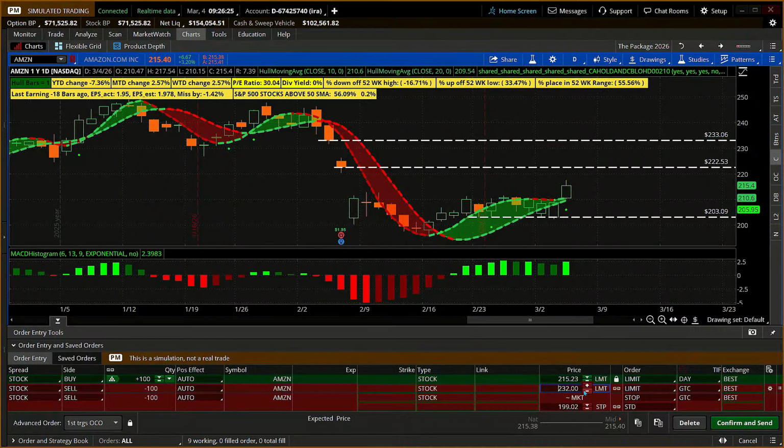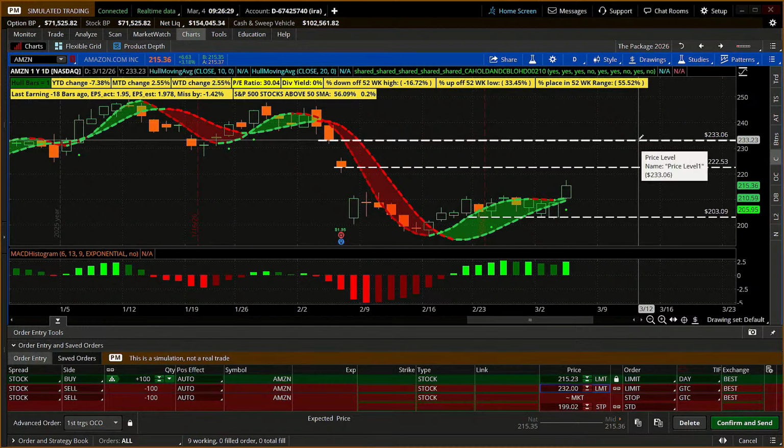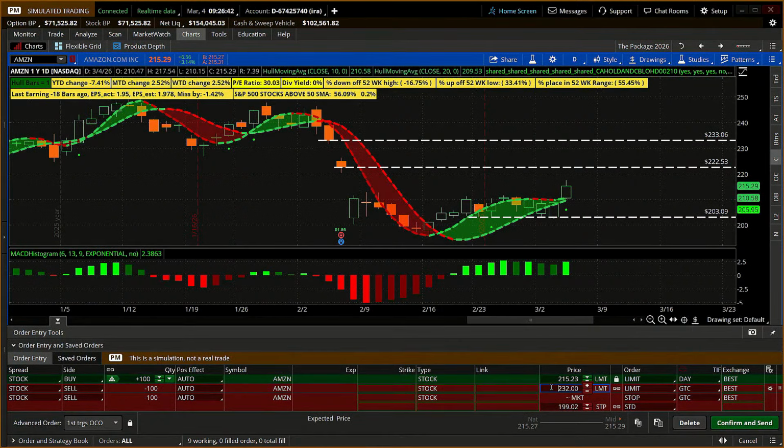Because I'm planning on some other investors out there thinking 233. This paper money account is trying to get out ahead of the crowd so I can try to get the position sold. Could it go up higher than that? Maybe, okay? But we know that support or resistance is an area.